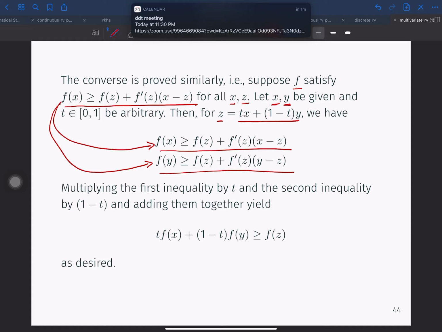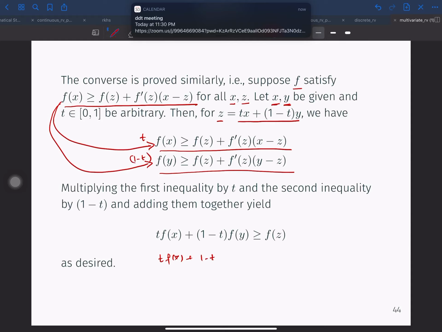Now if you have two inequalities, you multiply the first by t and the second by 1 minus t.